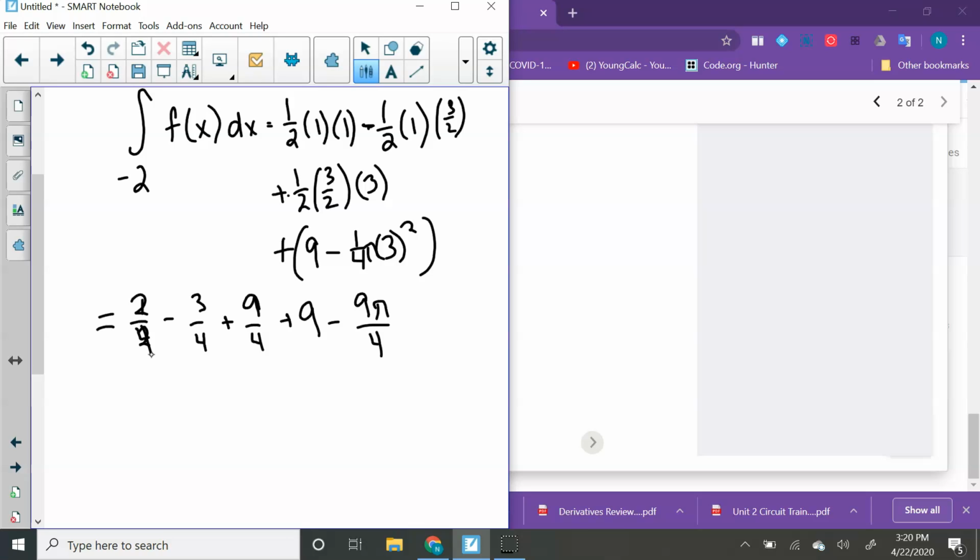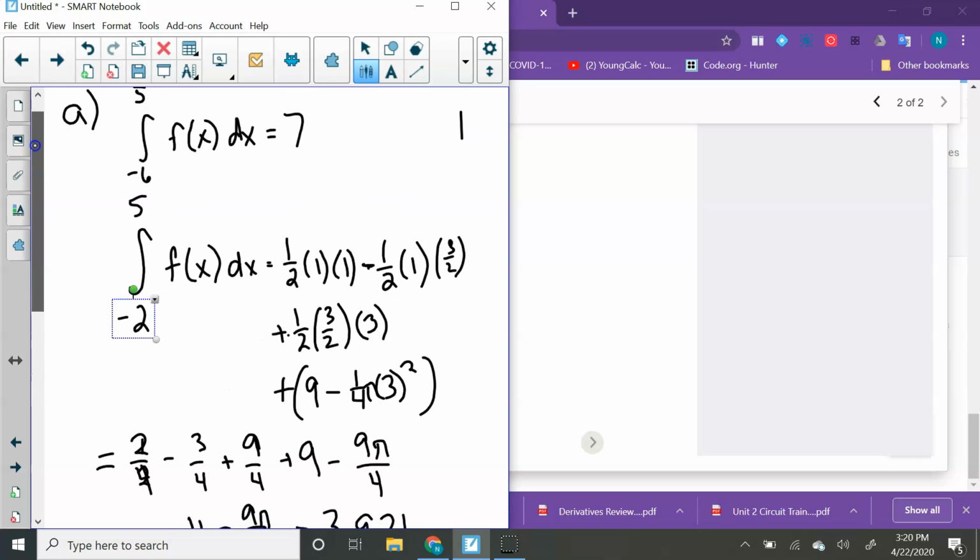And 8 over 4 will be 2, plus 9 will give us 11, minus 9 pi over 4. And let me double check, 11 minus 9 pi over 4 would give us 3.931. If we want to go with a decimal on that, I think I'm going to go for a decimal. So 3.931 for that. So that is our integral from -2 to 5.